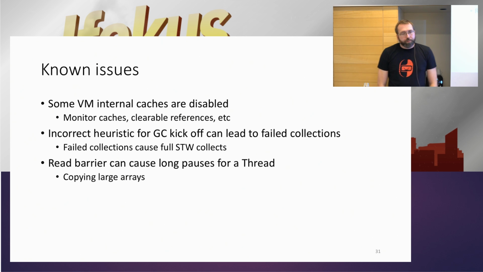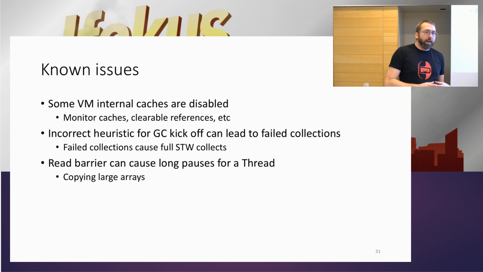Our kickoff heuristic is one of the things that we end up having to tune with people when they're using it the most. It's because we're aggressive on how long we can go, and because of some technology decisions we made in the past. I mentioned before that we divide our space into allocate and survivor.